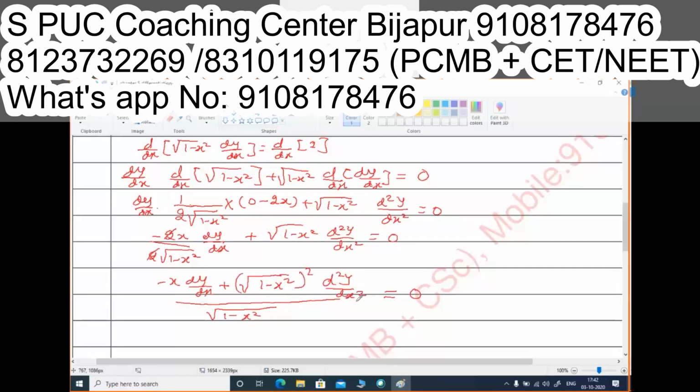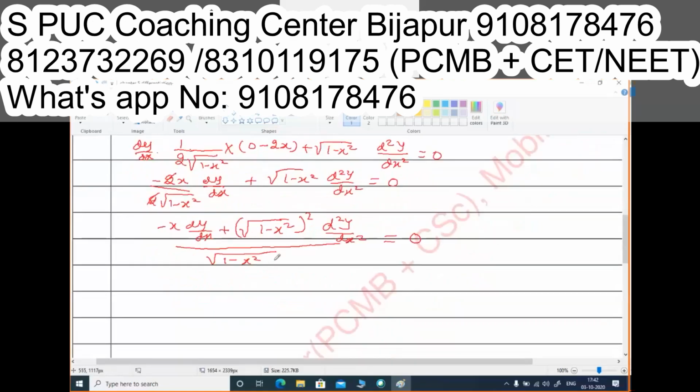Then whatever the denominator term is there, you have to do the multiplication on this side. 0 into anything is what? Yes, Joshi, 0 into anything is 0 only. Just see here, this I am going to multiply on this side, automatically it is going to become 0. Then what is going to remain?